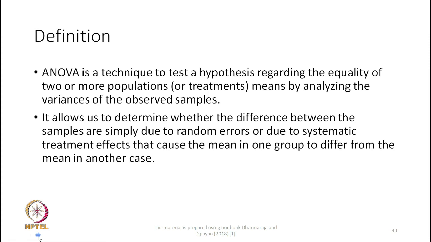In both places, whenever you have more populations, the null hypothesis looks the same, both in testing of hypothesis regarding the population mean as well as in testing of hypothesis via analysis of variance: the population means are the same, that is the hypothesis.